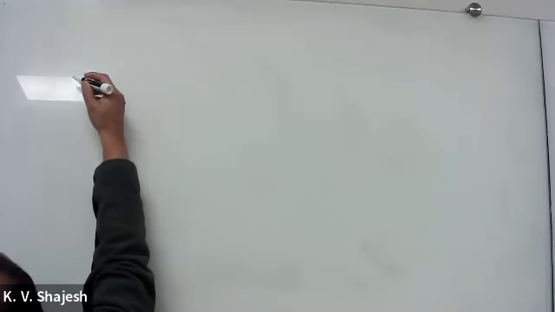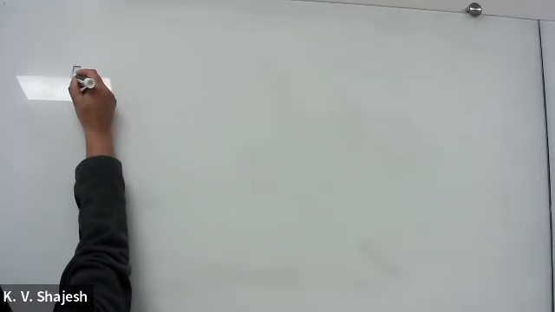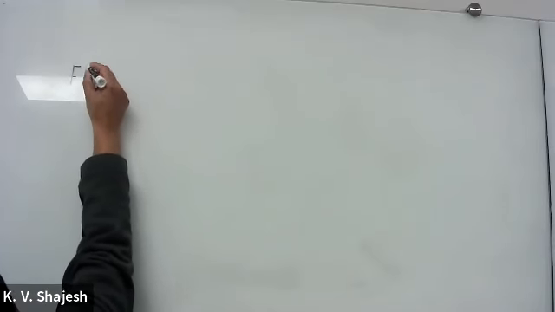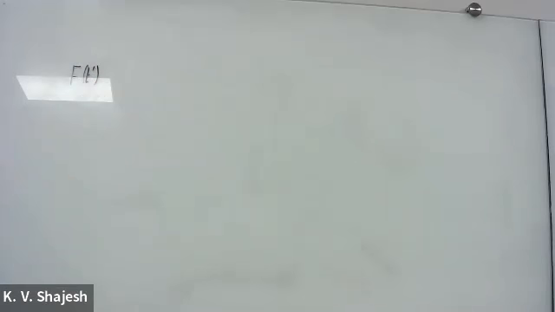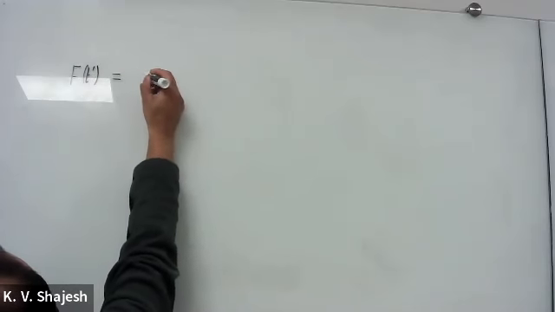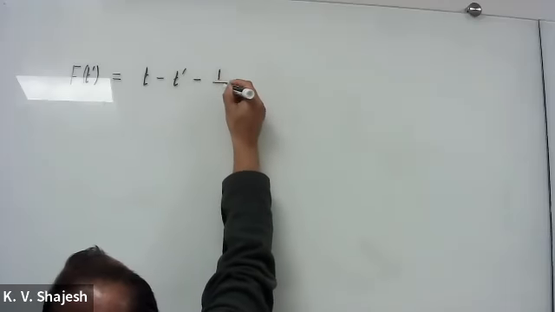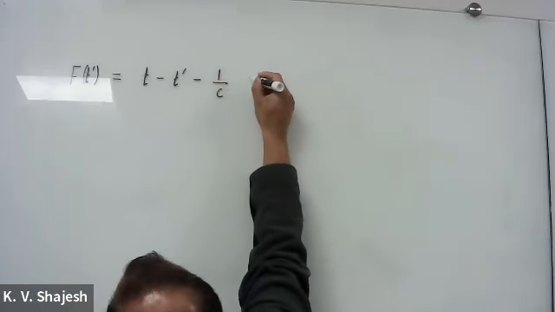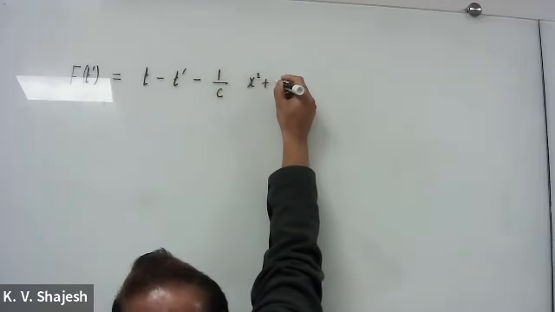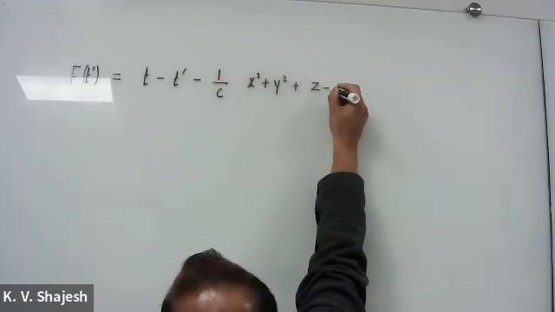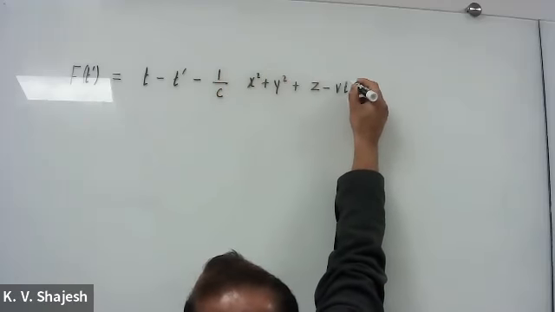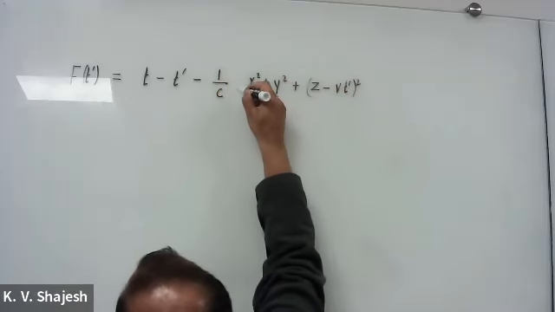So to evaluate this integral, I'm going to evaluate the roots of that argument. Let me define f as a function of t prime, because the integral variable is t prime, not t. That's where I want to set to 0. So this is t minus t prime minus 1 over c, times the square root of x squared plus y squared plus z minus v t prime squared.